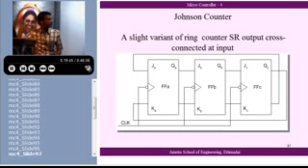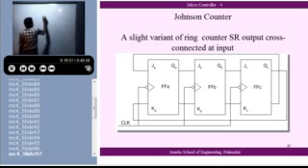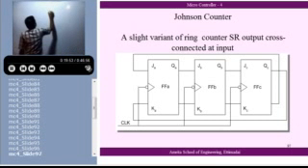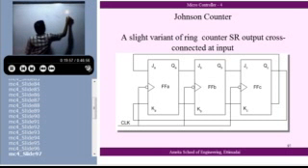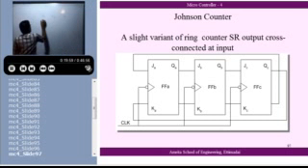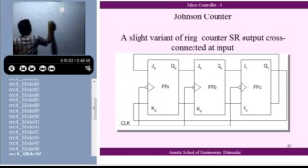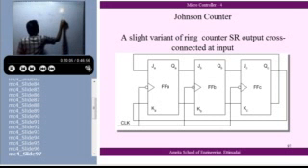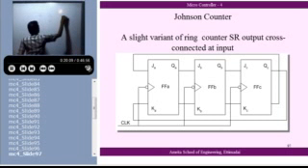I think I should show it in a slightly different form, which I have not shown here. The 3 flip-flops, if I put here, load a number, QC, QB, QA. I have loaded a number.